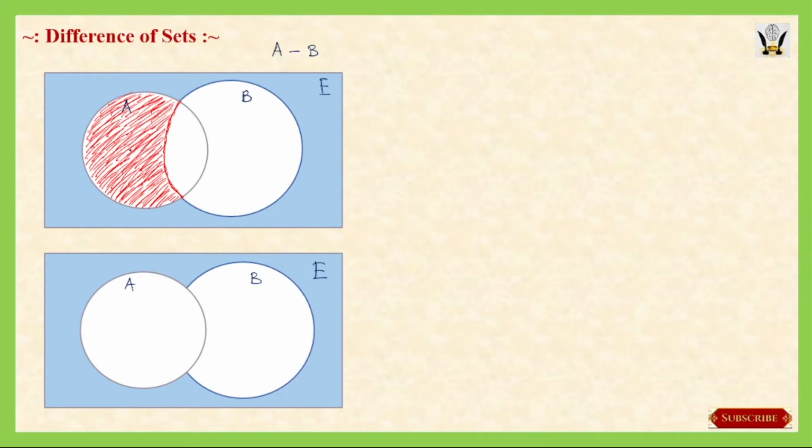This portion shaded in red has all the elements which only belong to A but not to B, because the elements in the overlapped or common portion also belong to B. So we should not consider this portion. We will consider only that portion of A which only belongs to A.